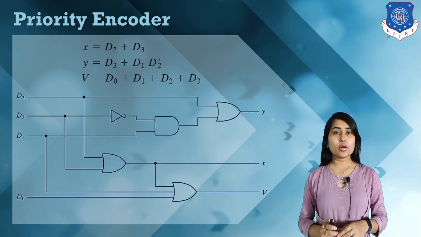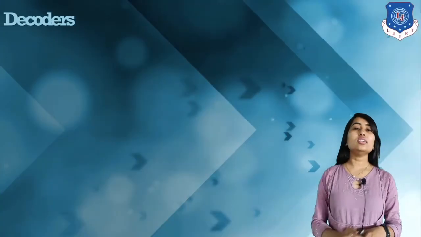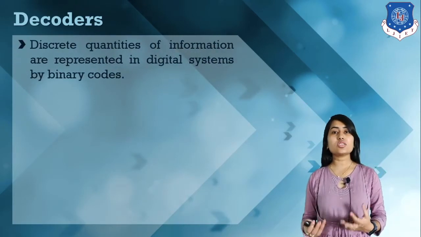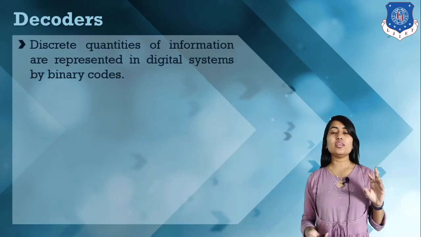Now let's discuss the decoder. In a digital circuit, we have a kind of circuit in which encoded information is decoded.